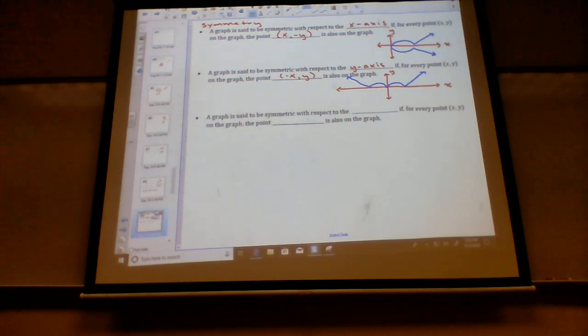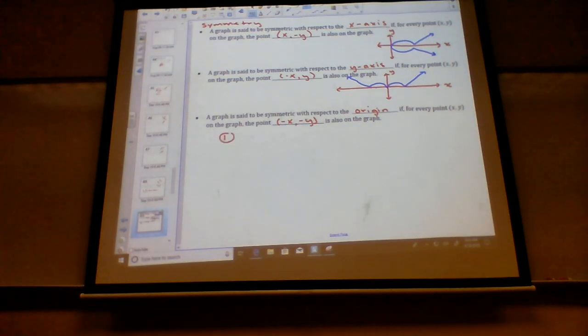It says a graph is said to be symmetric with respect to the origin if for every point (x, y) on the graph, the point (-x, -y) is also on the graph. Okay, so symmetric with respect to the origin has two steps.